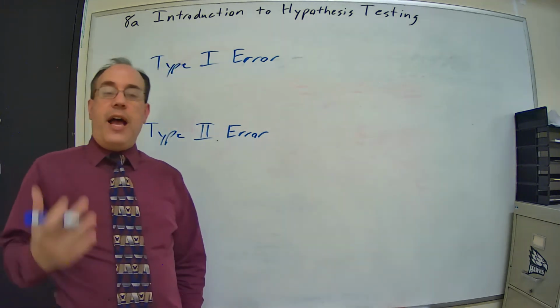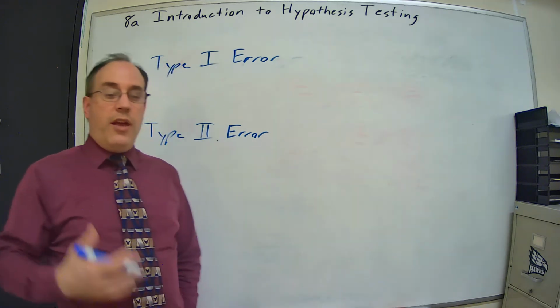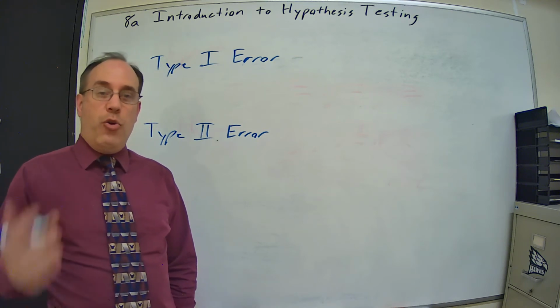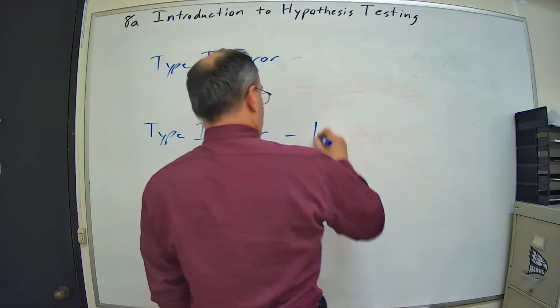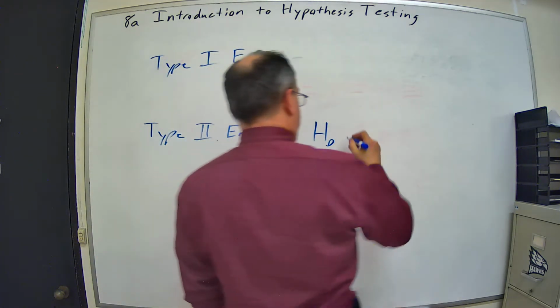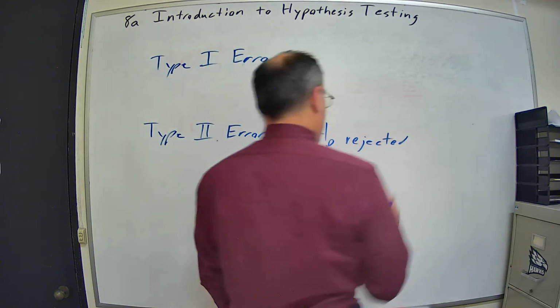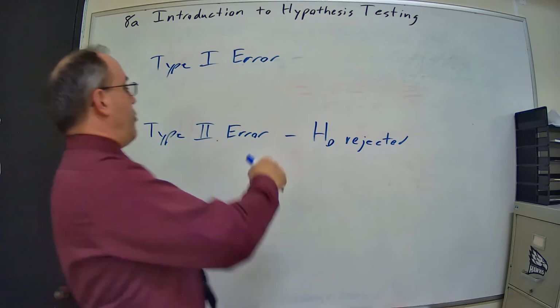Now, a type 1 error is when we reject a null hypothesis when it's actually true. So, H sub 0 rejected. Remember, we're always testing the null hypothesis. So in a type, oh, I wrote that in the wrong spot.